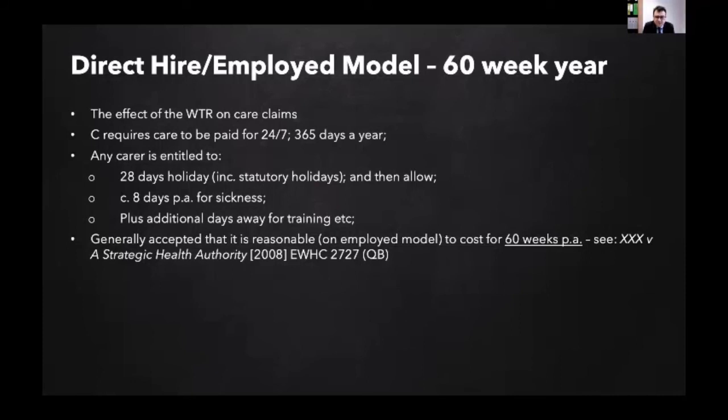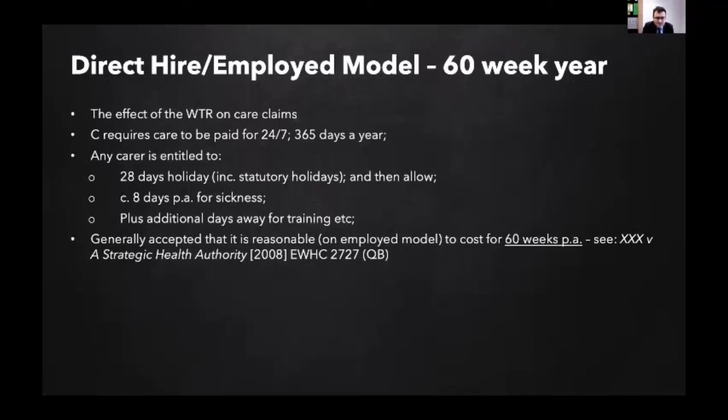Whereas on an agency model, where the agency takes responsibility for all of those factors related to employment, you complete it on a 52-week year, from an employed model, it's 60 weeks. And that model has been endorsed by various cases, the first of which I think was XXX and a Strategic Health Authority, which we've cited there. So remember, 60 weeks in the year, not 52 weeks.